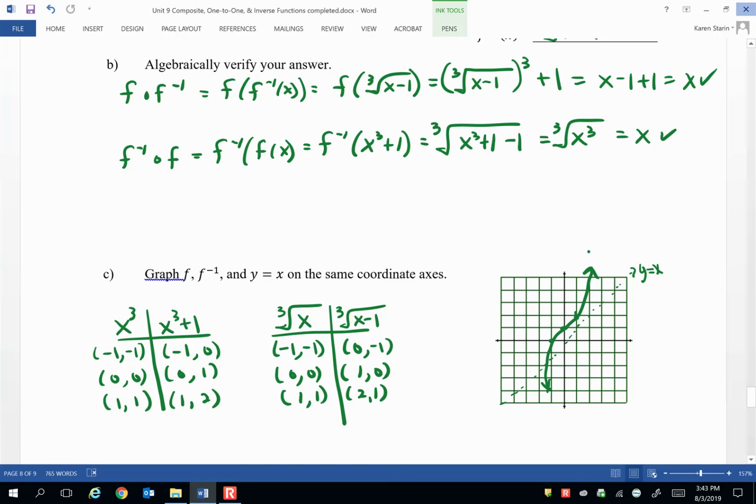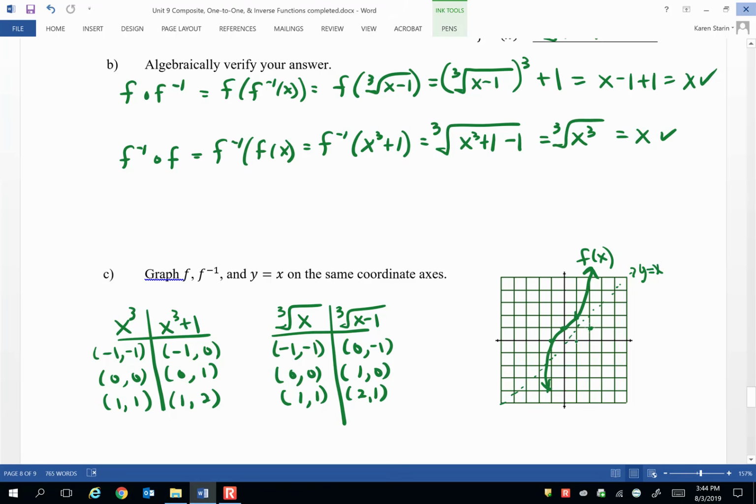This is f of x. And then for f inverse, which is the cube root of x minus 1, we're going to have (0, -1), (1, 0), and then (2, 1).